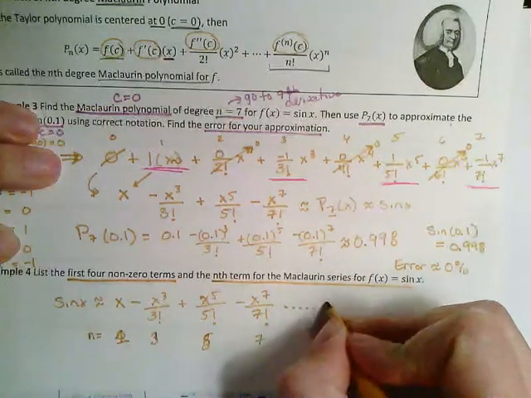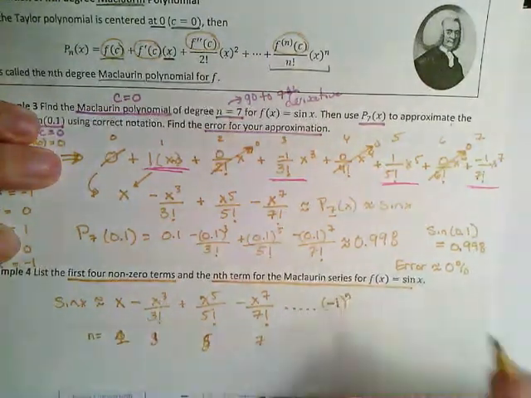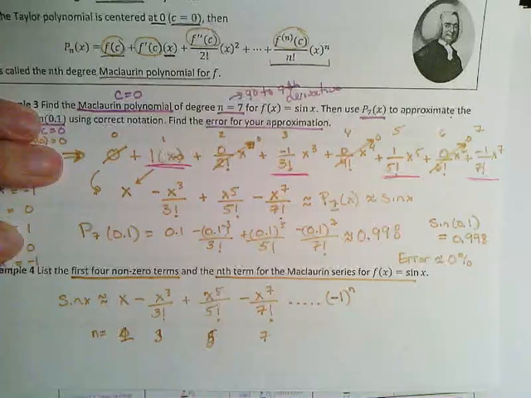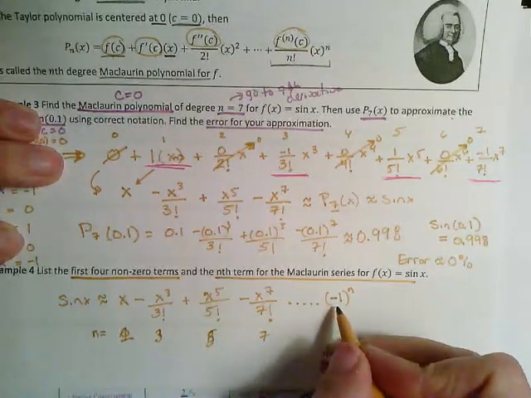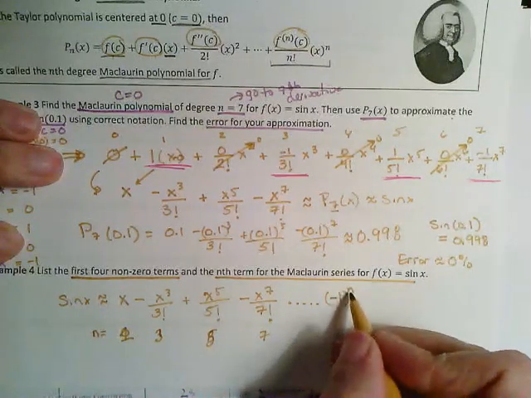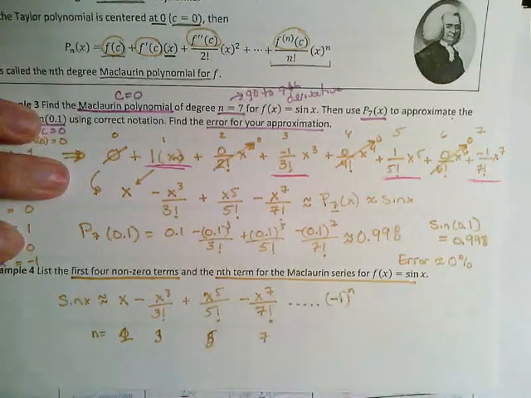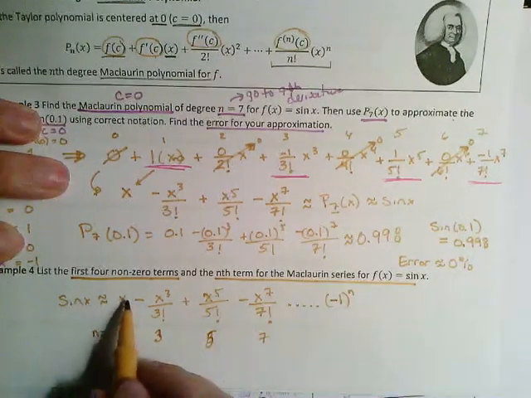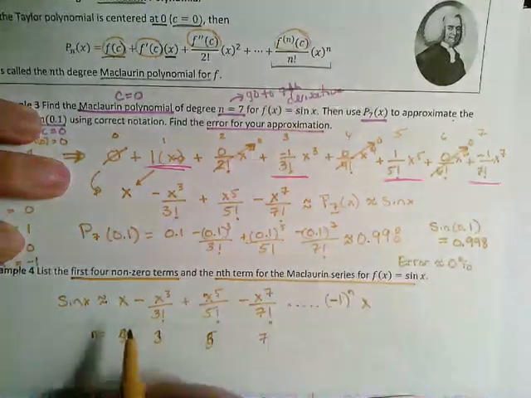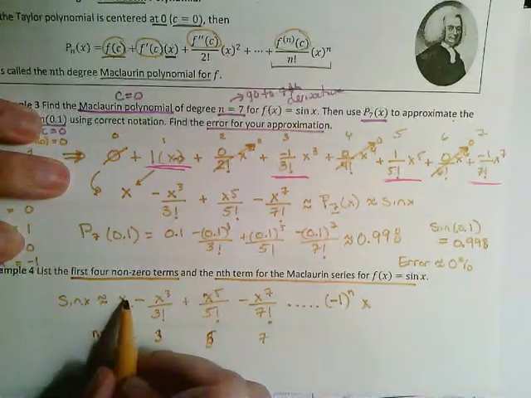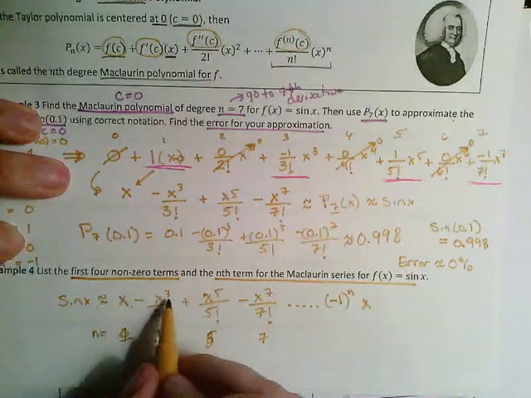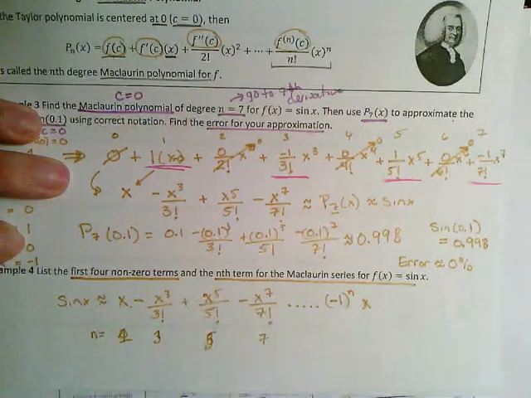So we just learned that that basically means this is alternating. So we have to put down this term right here, negative 1 to the n. This will show us positive, negative. Next up, we notice that x is going up in odd numbers. The degree is odd numbers. So 1, 3, 5, 7.